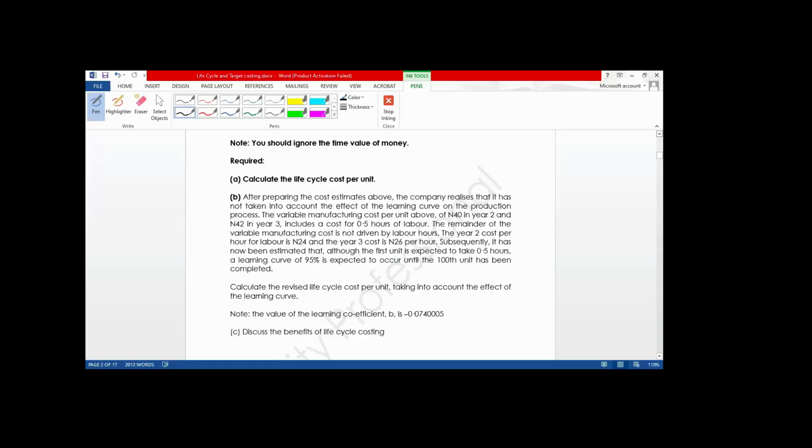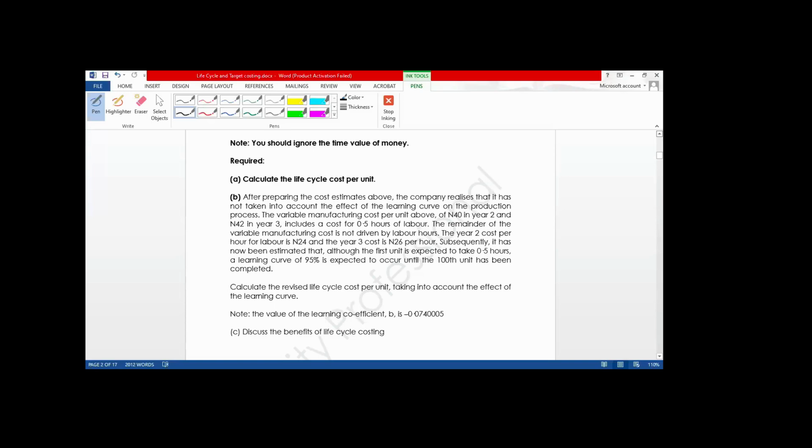The first unit we are going to produce, the employee will spend 0.5 hours. As you produce more, the hour will continue to reduce until we get to the 100 units.